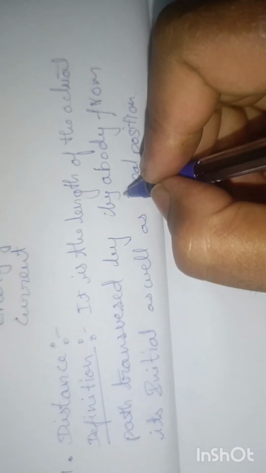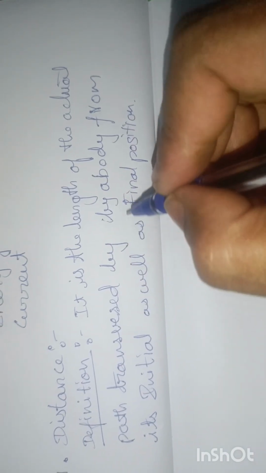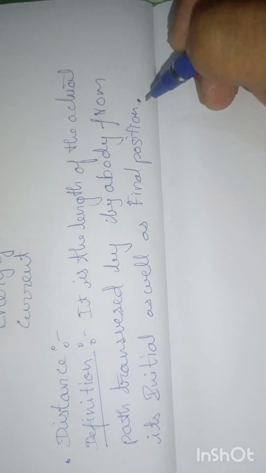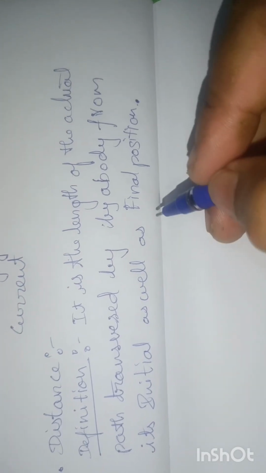So it is the length of an actual path traversed by a body from its initial as well as final position. This is called the distance.